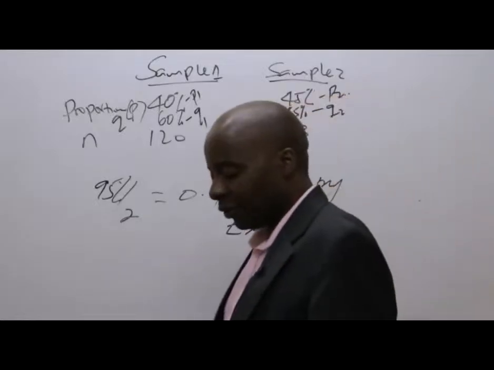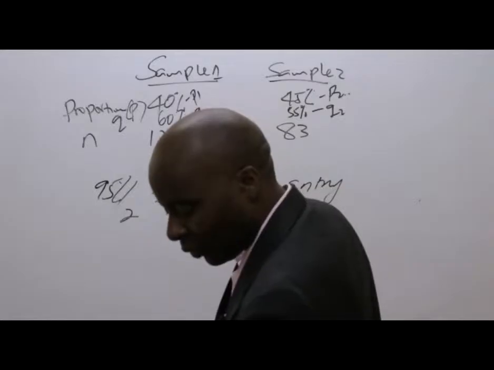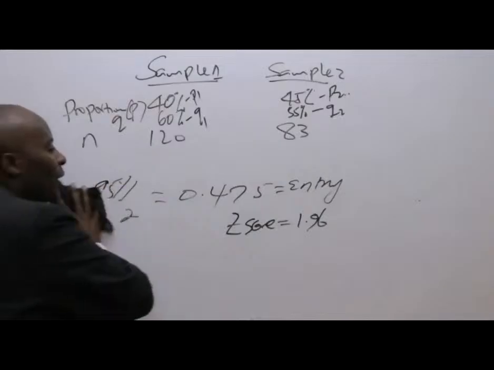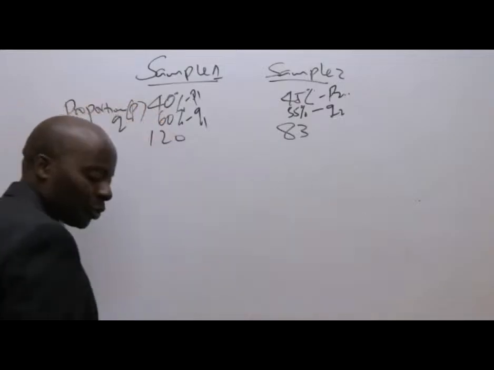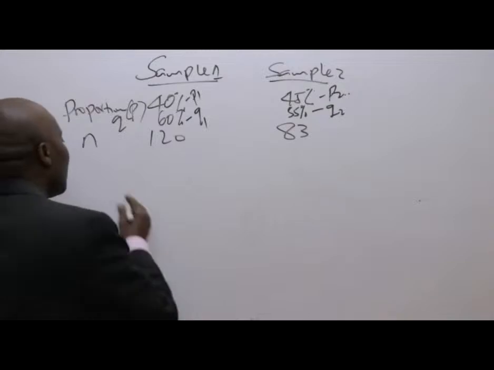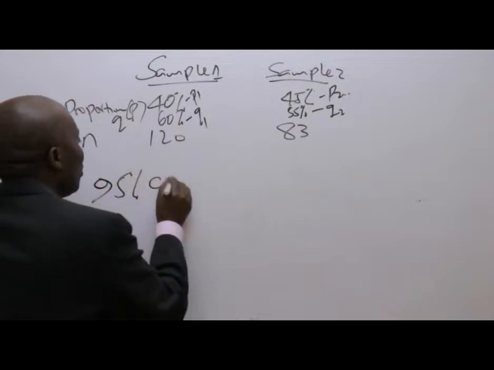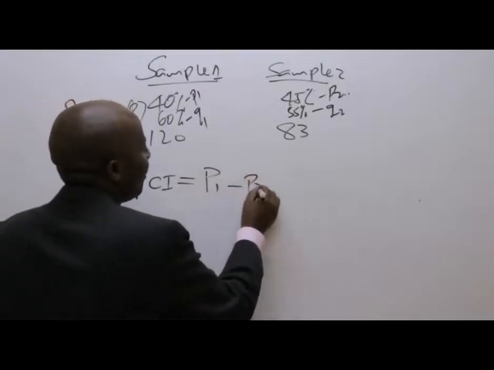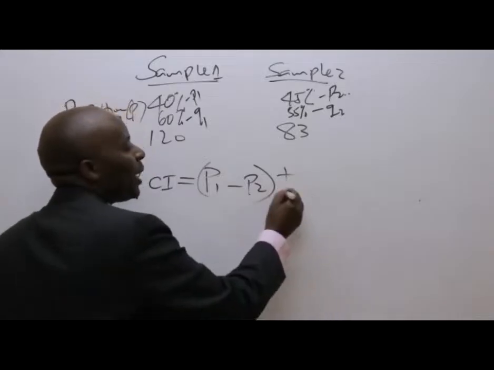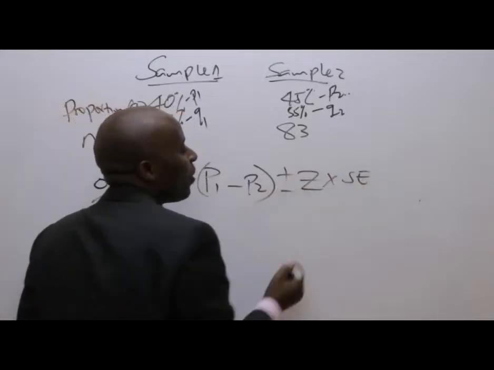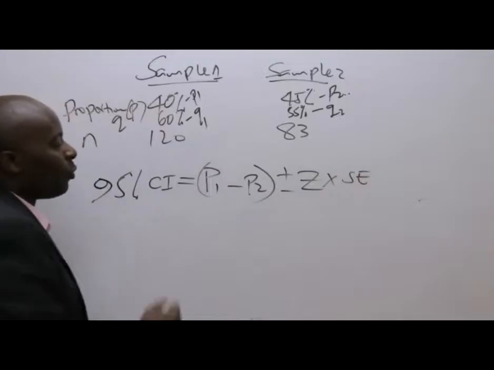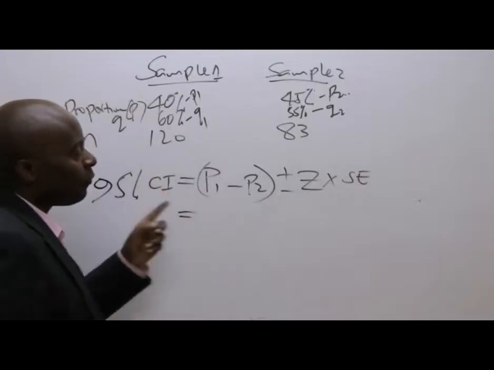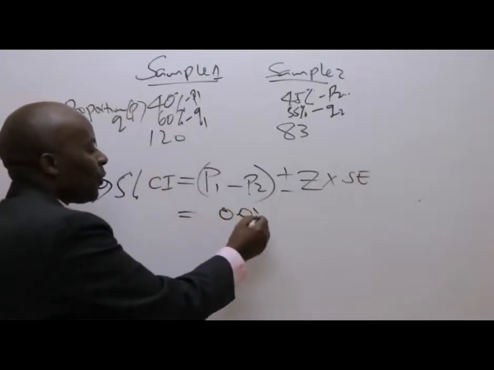I will come and give them the 95% confidence interval of the difference between our proportions, which is P1 minus P2, plus or minus the Z times the standard error that you gave me. P1 minus P2 is 40% minus 45%, which is the same as 0.05 positive.